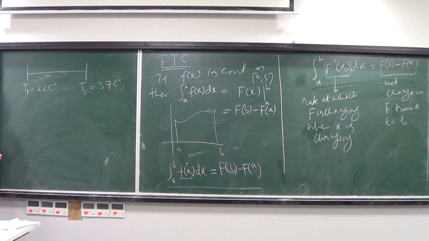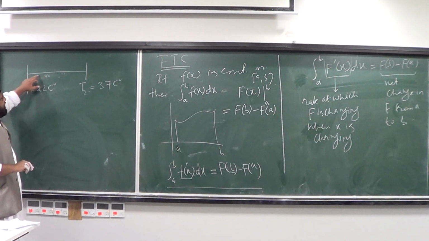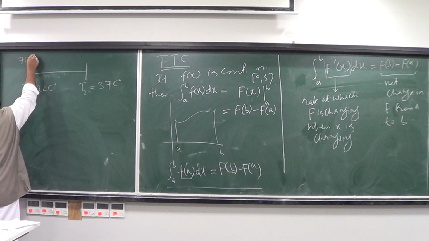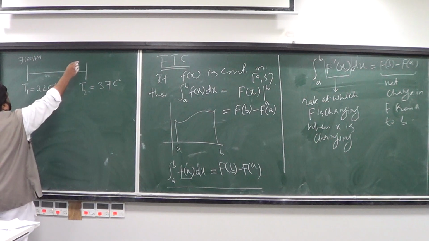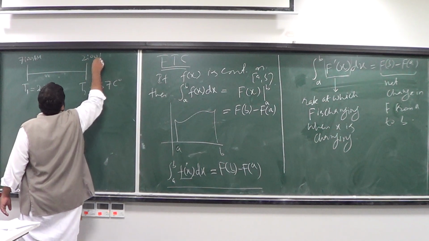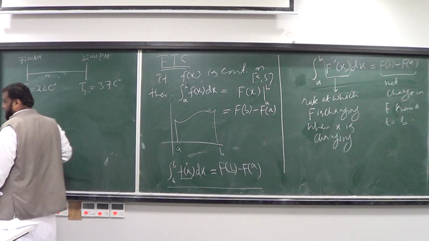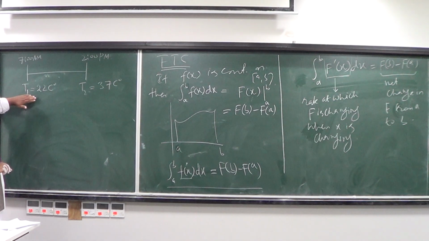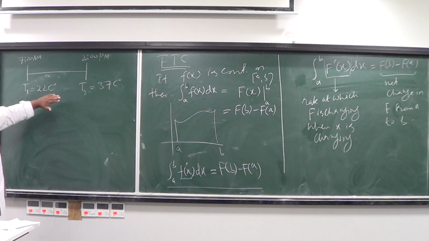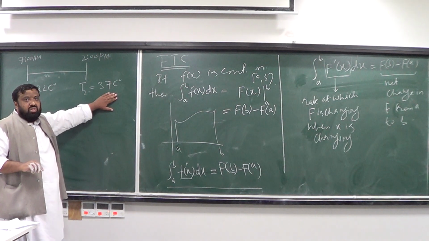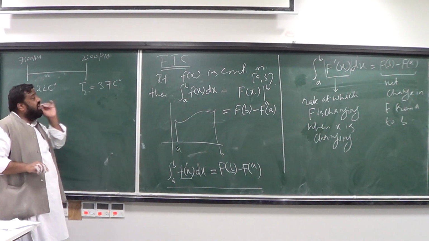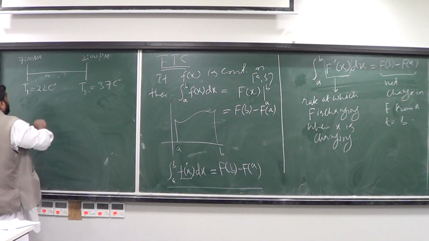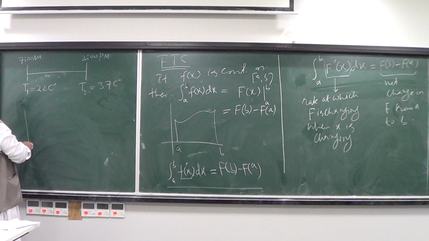I know that within this time period, imagine this is 7 a.m. and this is, say, 2 p.m. In the morning it was 27 centigrade, in the afternoon it became 37 centigrade, for example.